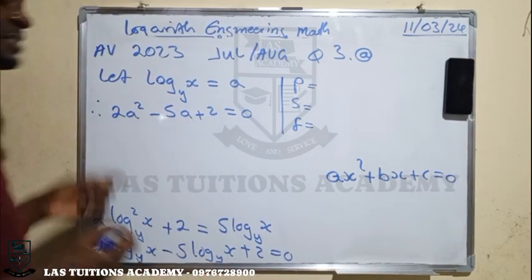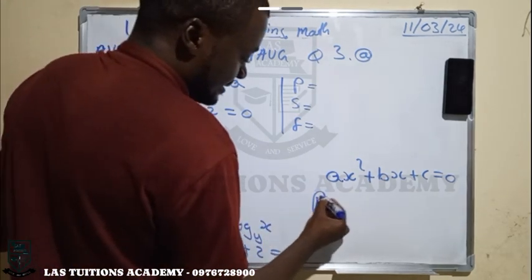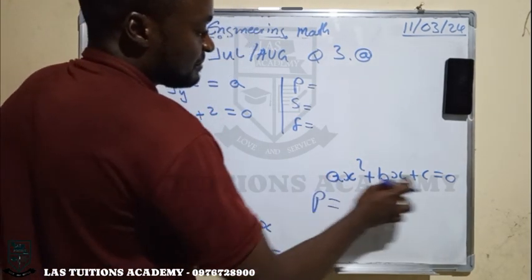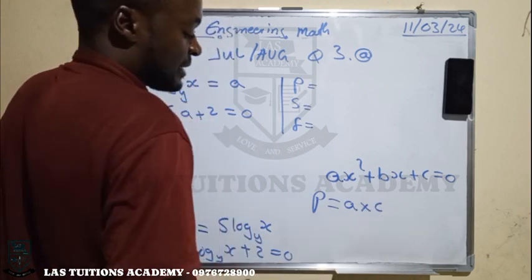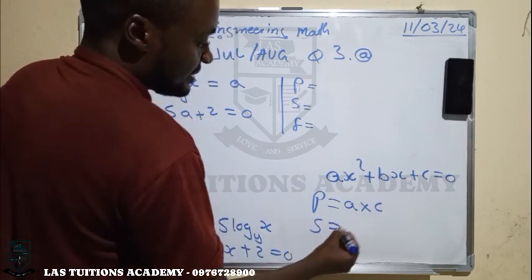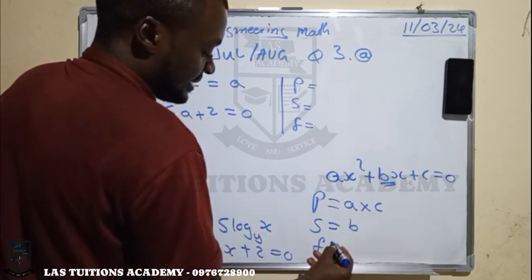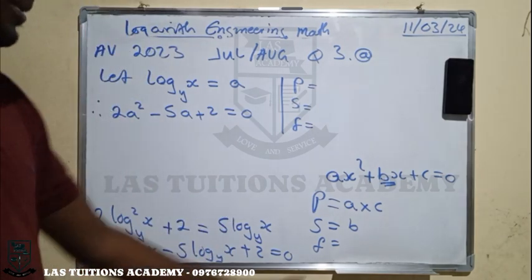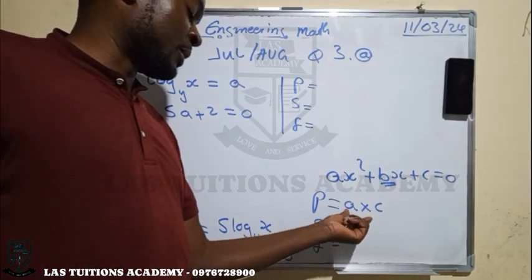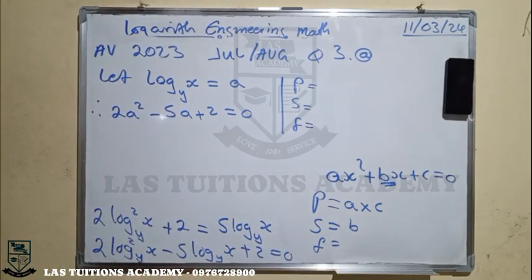So product is simply a times c. The sum is simply b. Then factors are the two numbers that when you multiply them, they give you the product, and when you add them, they give you the sum. That's how we find the product sum factor.